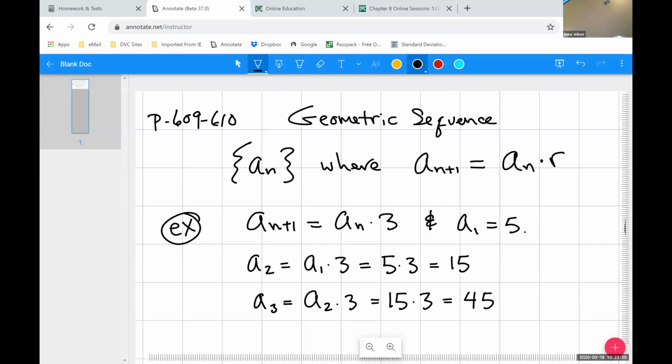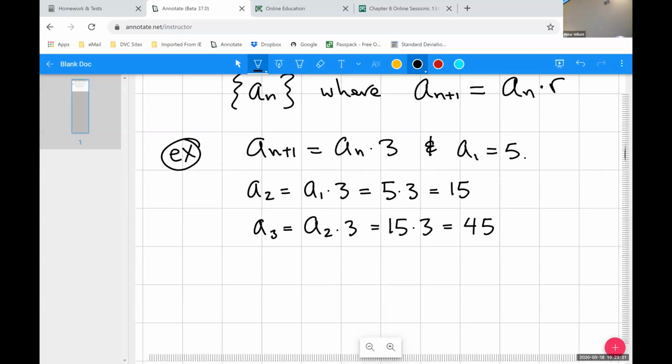Once you recognize the pattern as just multiplying by 3 every time, starting with a 5, if you see that comfortably, you could probably write out the terms without all the work of what I just did up here. You could just say I had a 5, and then each time to advance, I multiply by 3.